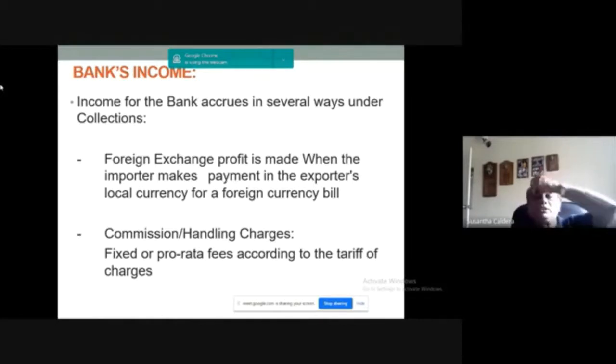And the foreign exchange profit. How does the foreign exchange profit arise? Bankers, tell me. Don't just listen to me. Make it a discussion forum. Why foreign exchange profit? How come?